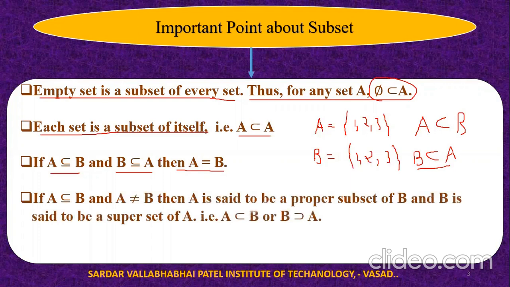Next, suppose A ⊆ B but A is not equal to B. Therefore, suppose here we add one element, so B is {1, 2, 3, 4}.